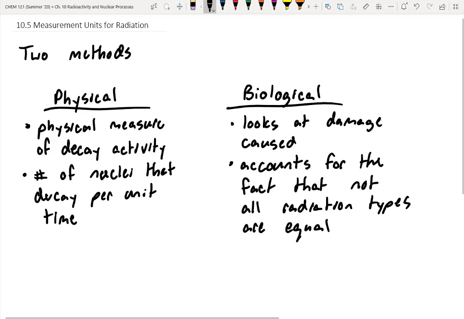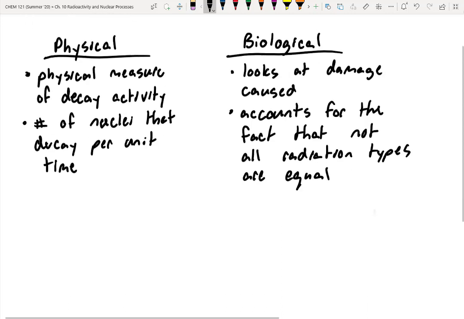We saw in one of our previous videos that, for example, alpha particles can be stopped essentially by a piece of paper. Beta particles will travel further through air, and gamma rays, if they're penetrating, can go very, very far. In some cases, we need feet of lead between us and the source to prevent us from being exposed to harmful gamma rays.